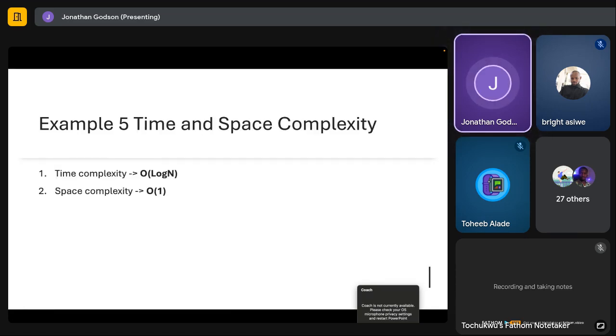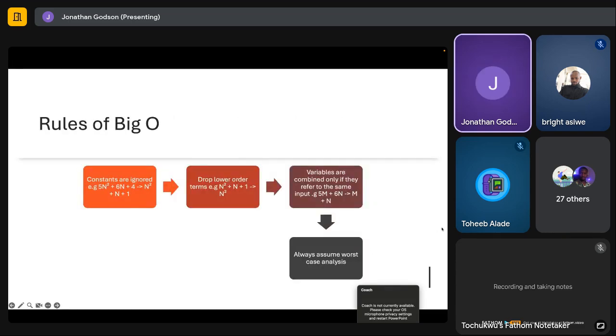So the time complexity of example 5 is O log n, and the space complexity is constant space. Like I said earlier, the rule of big O is that constants are ignored. If we start deducing from here, after our analysis, the worst case here is n squared.